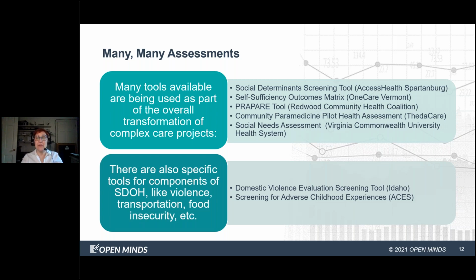So, there's been some literature on children in certain inner city neighborhoods having ACEs scores that are as high or higher than children who live in countries where there's actively a war going on. So when you think about just that one component, right?